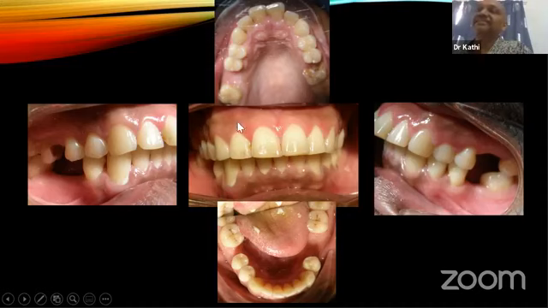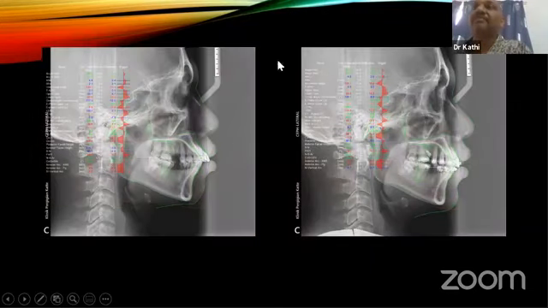And there is a higher chance of a gummy smile if the maxilla is more forward.